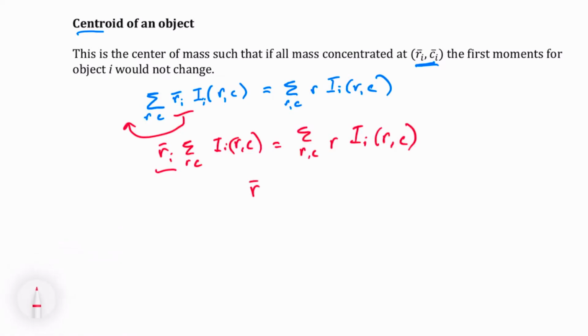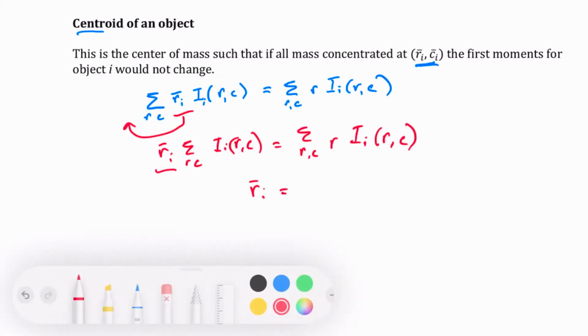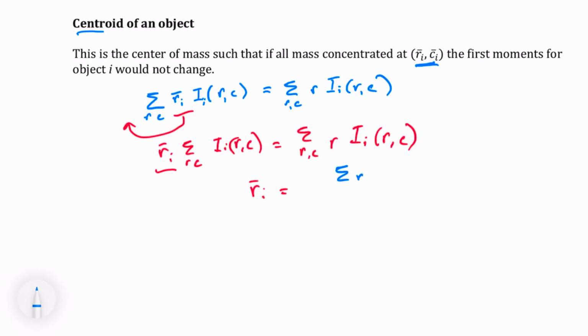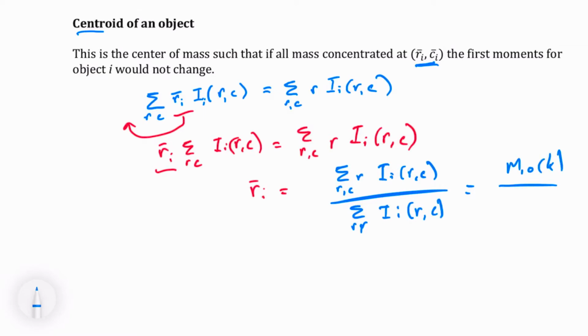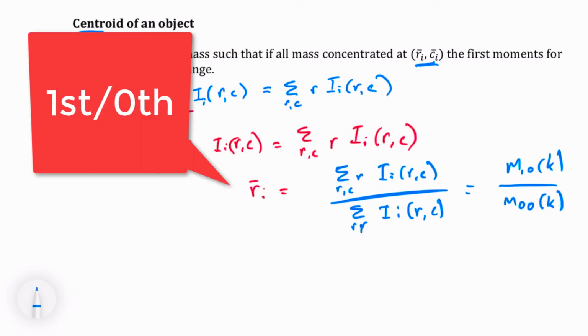And so R bar i is equal to my summation over RC of R times I i of RC divided by summation over all RC of I i of RC. Well, this top value that I have here is just my M10 of K, and this bottom value over here is just my 0th order. And so here we have the definition for what the mean row position is. It's going to be my first moment divided by my 0th moment.